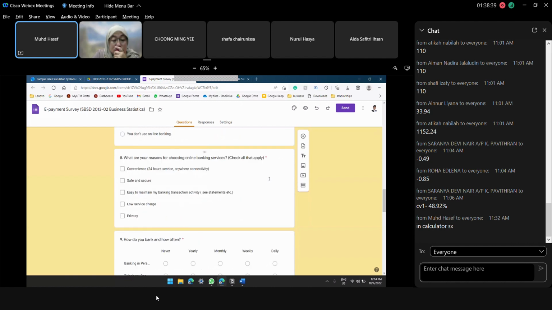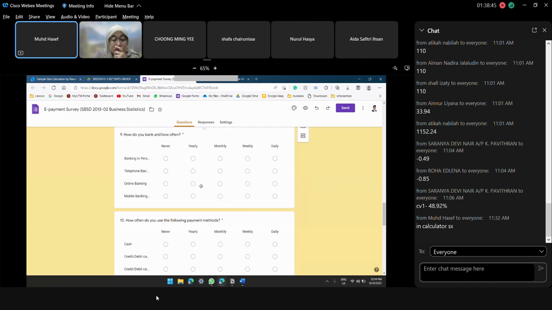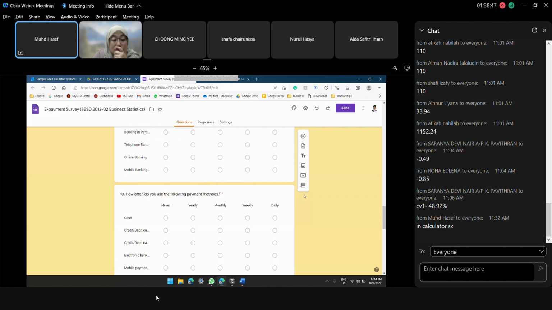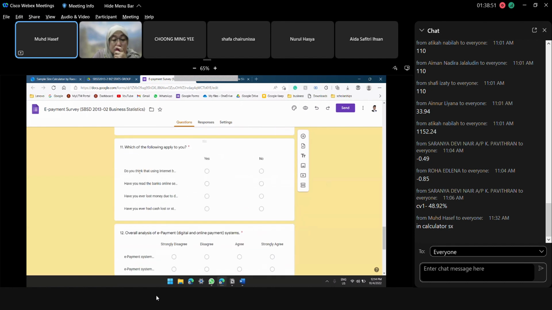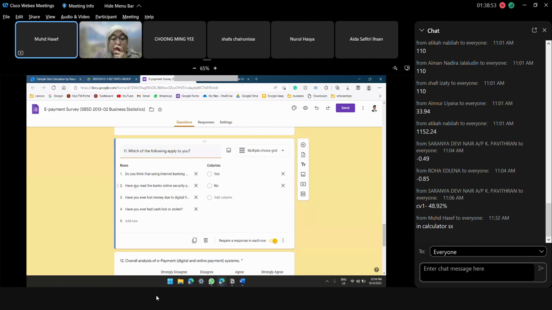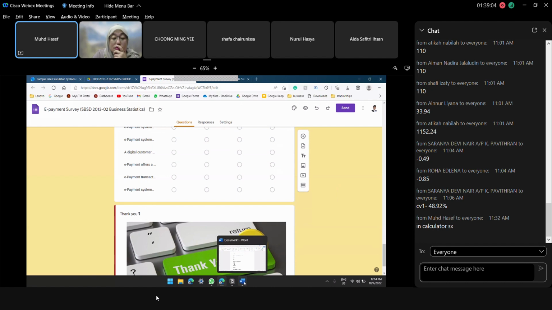What are the reasons for choosing online banking services? How often do you go to the bank, and how often do you use payment methods? Which of the following apply to you? Like, do you use internet banking? Have you read online security and so on? It's more of a general perception of them towards e-payment. Then an overall analysis. We're still adding a few more questions for discrete.